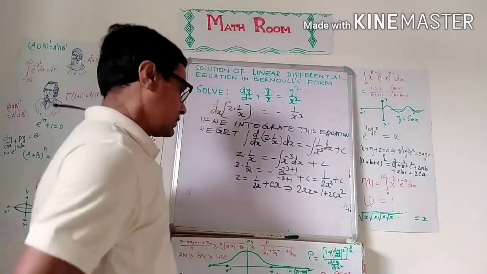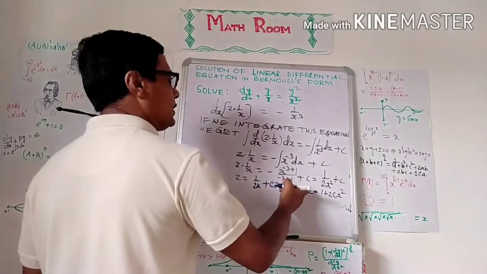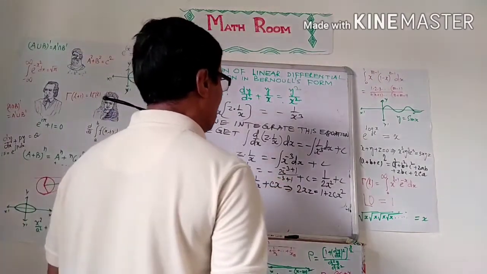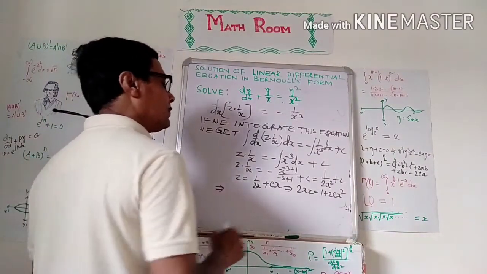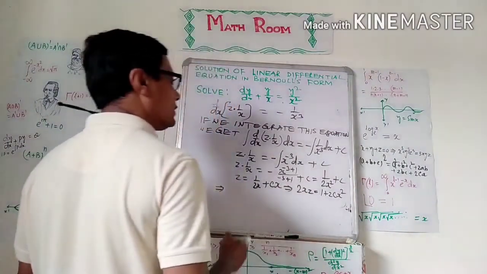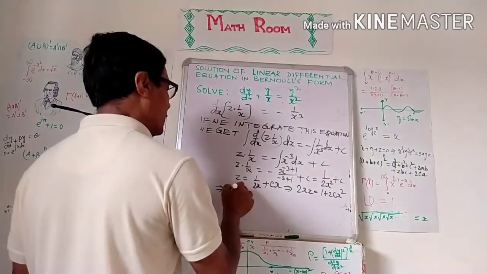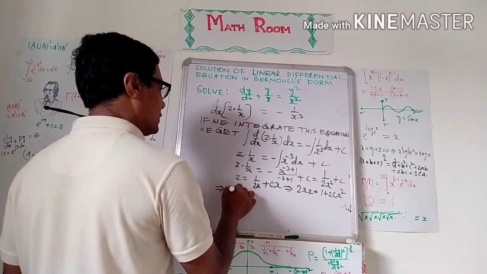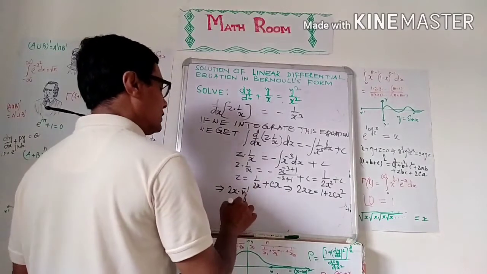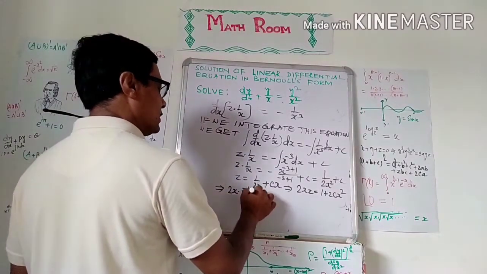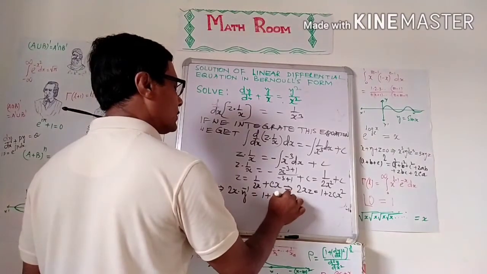This is the solution. We have already put z equal to y to the power minus 1. So if we replace z by y to the power minus 1, we get 2x into y to the power minus 1 equal to 1 plus 2c x square.